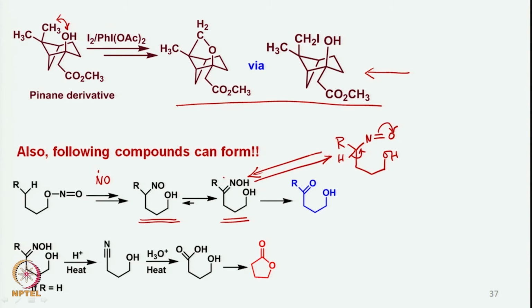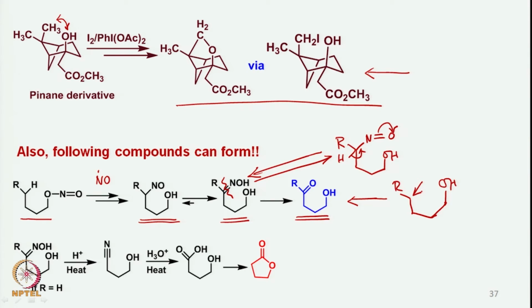One can cleave it under different conditions, oxidizing or reducing, to get the corresponding ketone. So what we have done is we have started with this kind of substrate with OH here, and after going through the nitrite ester, what we have formed is the functionalization at the remote delta position.